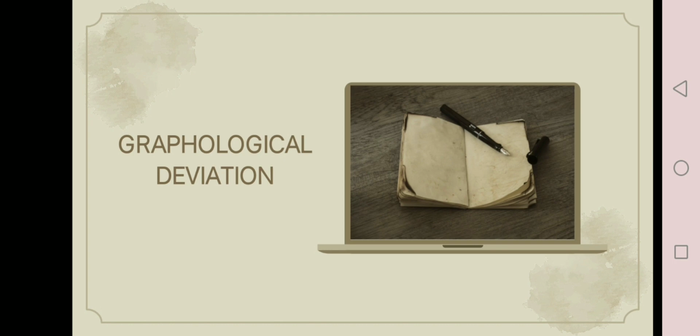So before we proceed on that part of my report, let us now define what graphological deviation is. Graphological deviation refers to the whole writing system, punctuation and paragraphing, as well as spacing. These are the graphological features in a text which strike our mind at first sight.